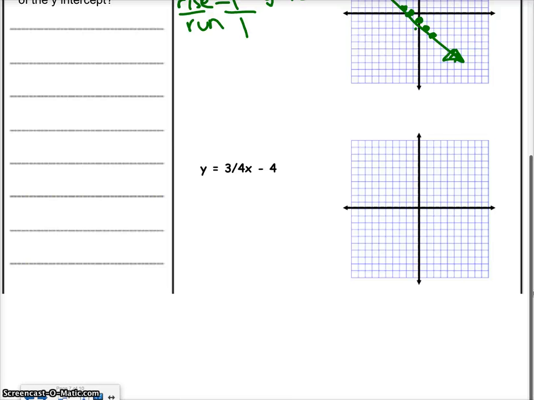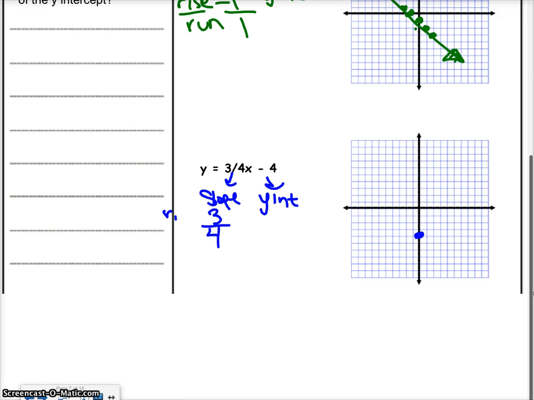Okay? All right, what's my y-intercept on this next equation? Eli. -4. Here's my y-intercept. It's -4. 1, 2, 3. -4. Okay. Maddie, what's my slope? So my slope is 3 over 4.